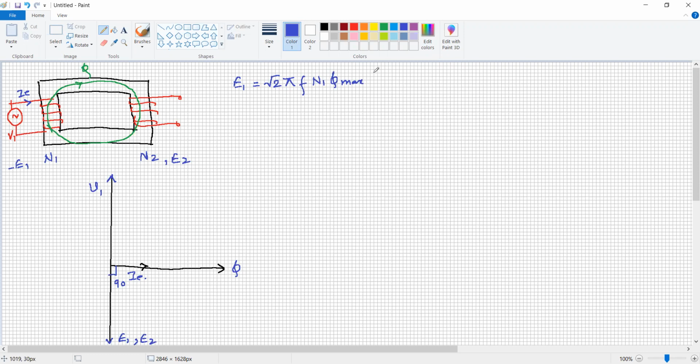It's the RMS value. And the equation can be written as E1 equal to root 2 pi f N1 phi maximum sine omega t minus pi by 2.